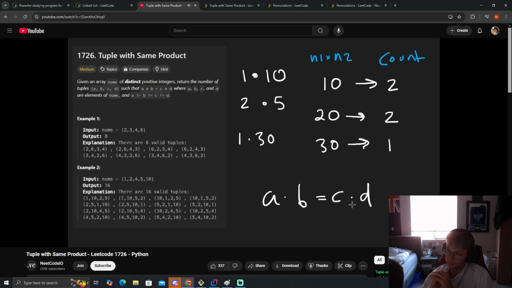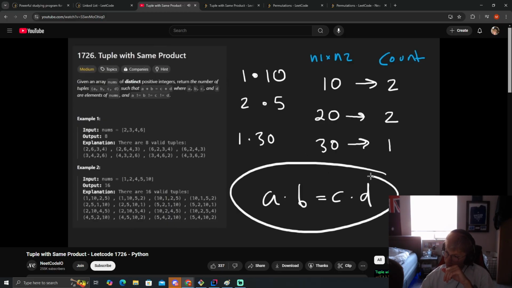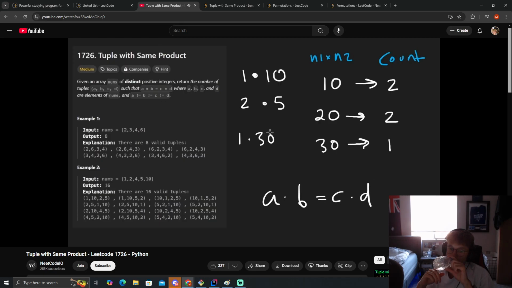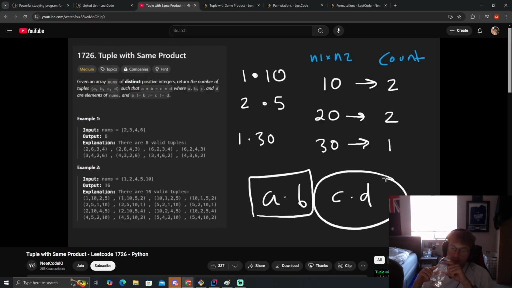So to me, it's becoming clear that we don't necessarily need to loop over everything. Even if we were looping over everything and we had 4 different loops and the first 2 loops pick these 2 numbers, well, yeah, we could loop through the rest of the numbers and try to find all pairs that have the same exact value as this.